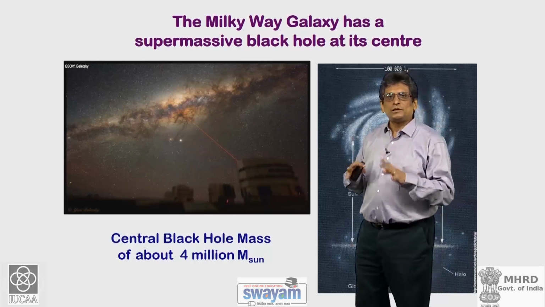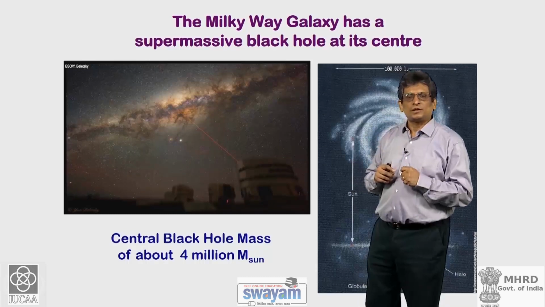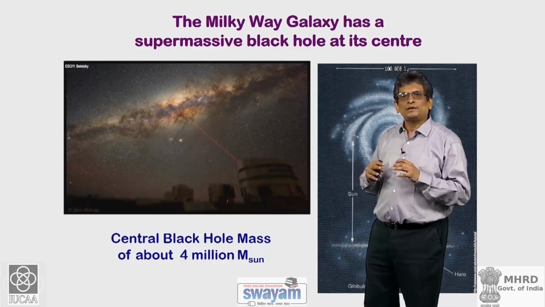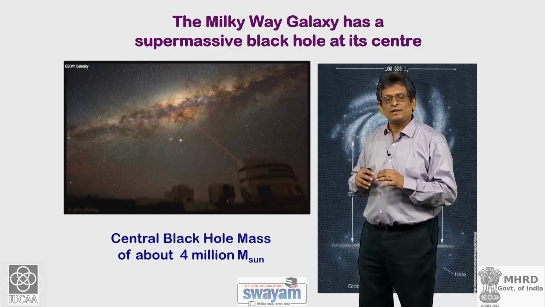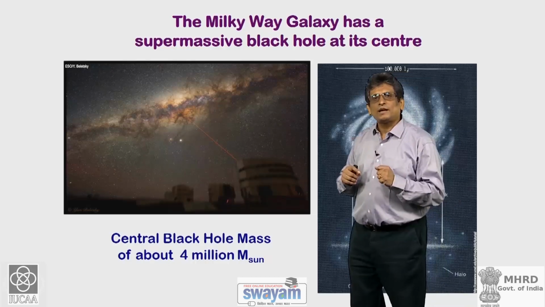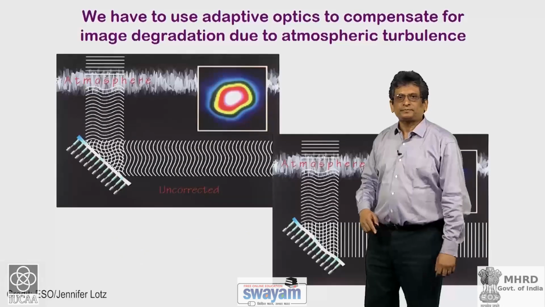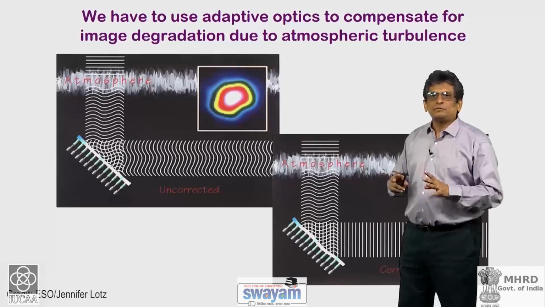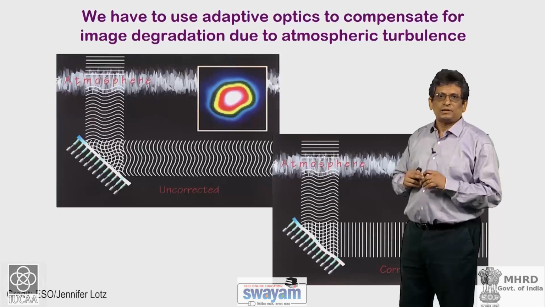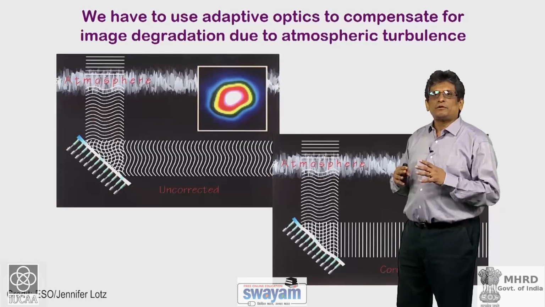We can also put a limit on the size of this central object. Both are essential ingredients in establishing that there is a black hole in the middle of our galaxy, as well as measuring its mass.